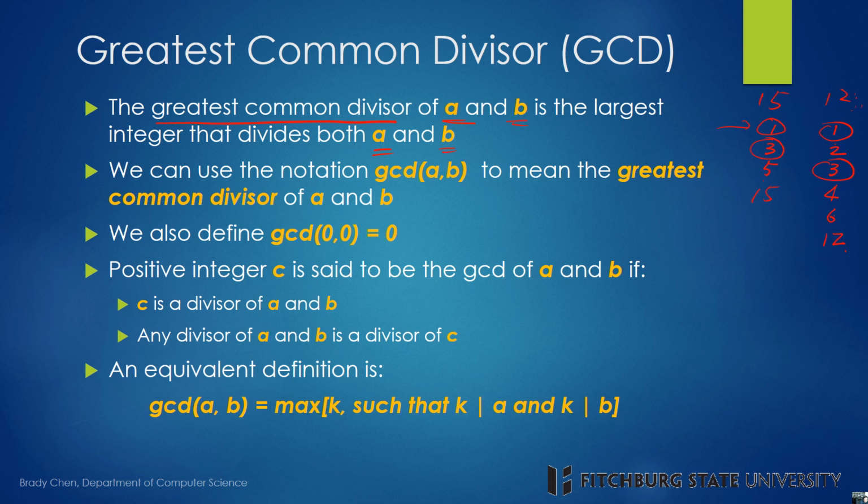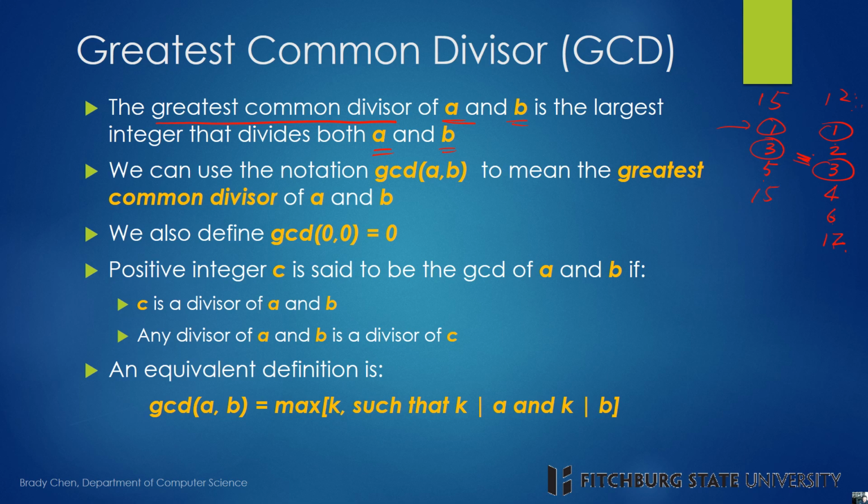And 4, 6, 12 are all divisors of 12, but not 15. So it looks like 3 is the greatest common divisor. That's basically the way we can use to determine the greatest common divisor, but that's not the easy way.